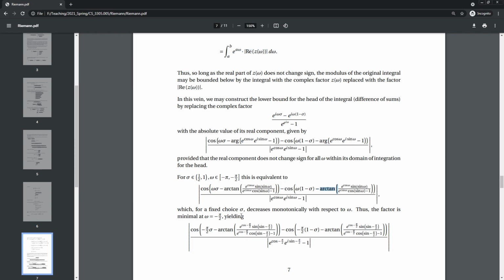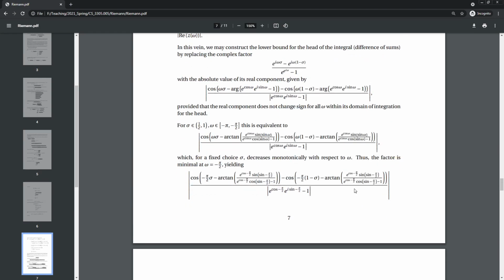Each time you pick some sigma, it decreases with respect to omega. So the factor is minimal when you've gone the furthest in your input domain, because it's decreasing. It's maximal here, minimal here, so the endpoint is where it's minimal. Because we're establishing a lower bound, we go with the minimum value, and so we substitute in for omega negative pi over 2.